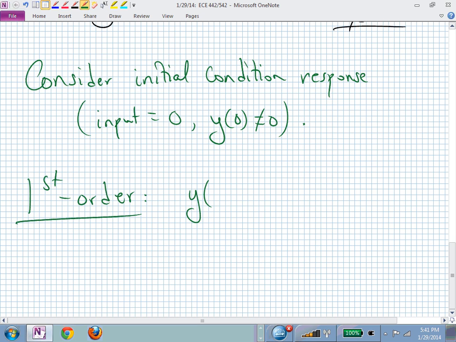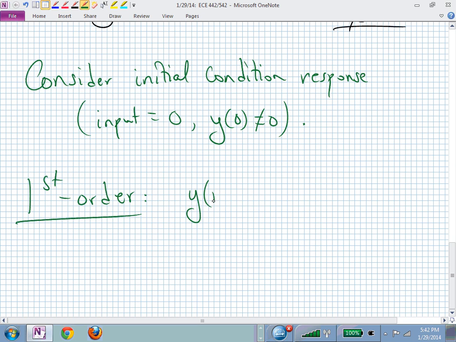The response was y of n minus y of n minus 1 equal to 0. And that's marginally stable, isn't it? That's just going to sit there and continue to be at one location all the time.